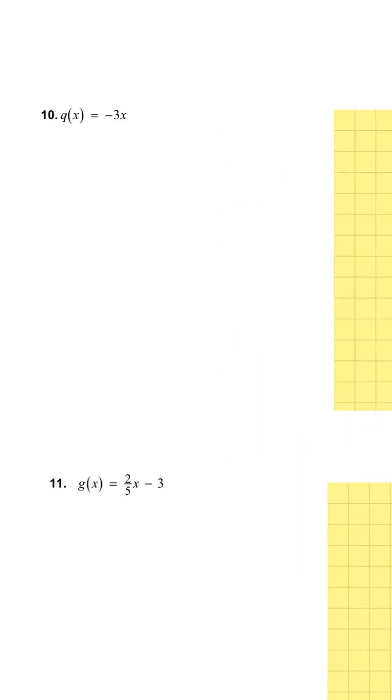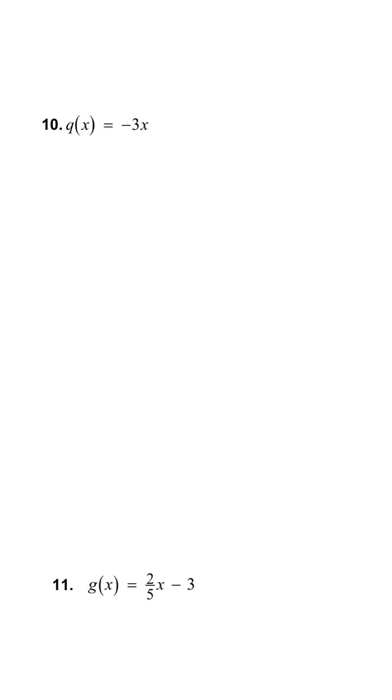We continue here where we have q of x equals -3x. Do we have to do a table here? Yes. Why? Because now we're given x, okay? We are given x, so we have to make our table. We're going to have what? X. We have to do our ordered pairs.